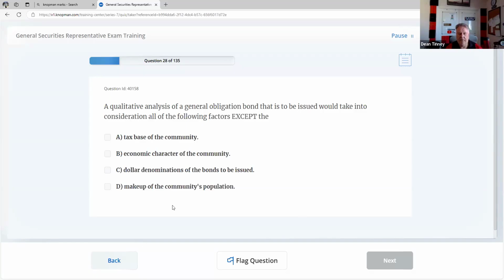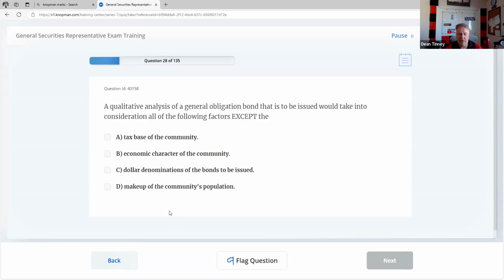Does the tax base of the community determine or can it be a determining factor in the quality of the bonds? I say yes. Does the economic character of the community determine the quality of the bond? I'm going to say yes.